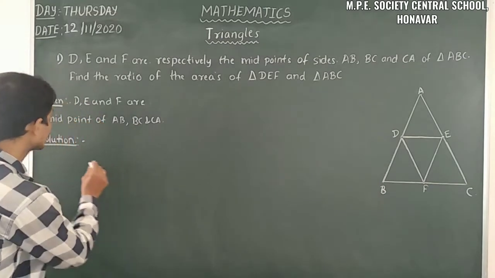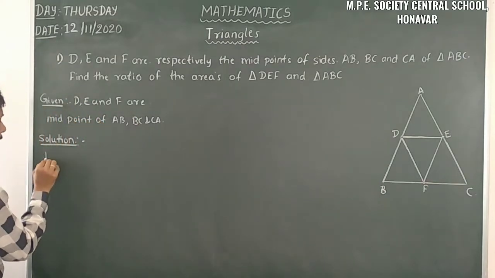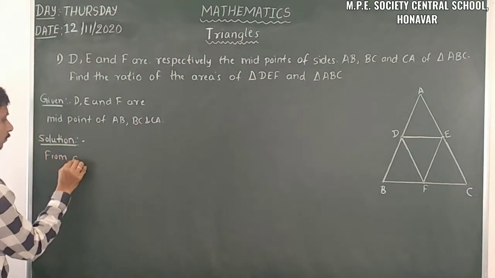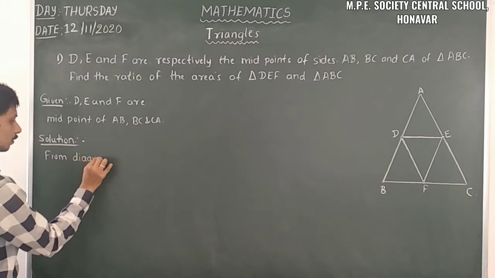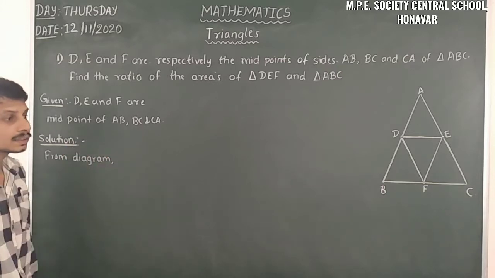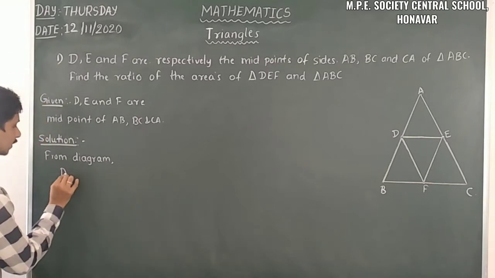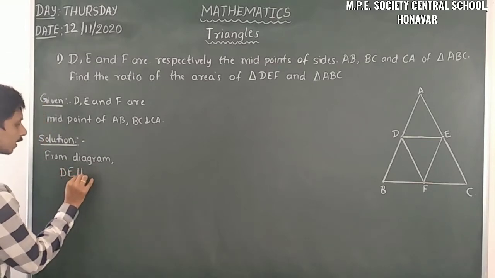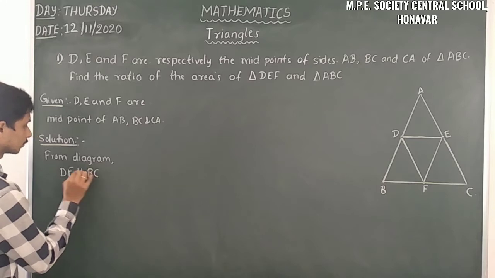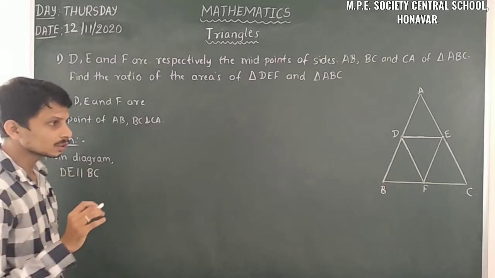So from the diagram, DE is parallel to BC.